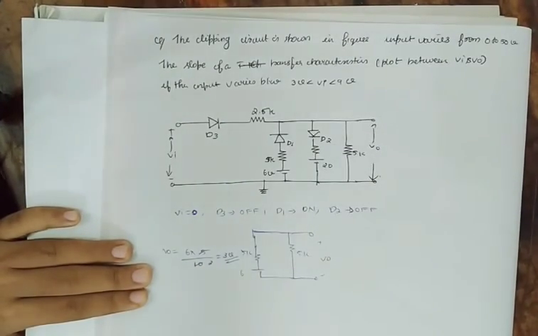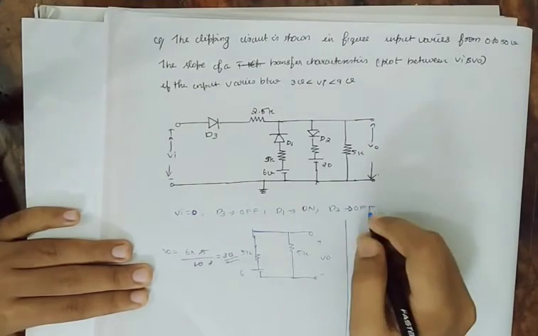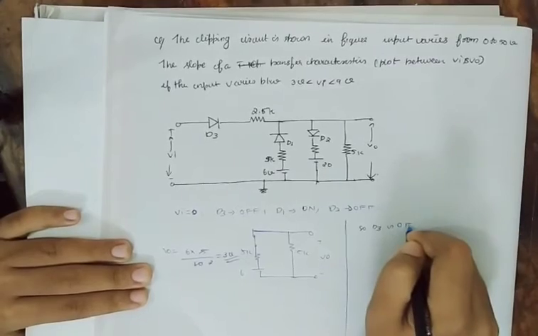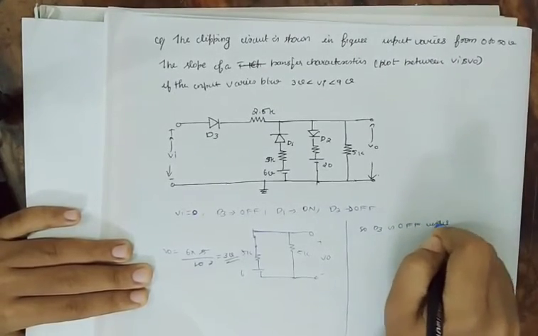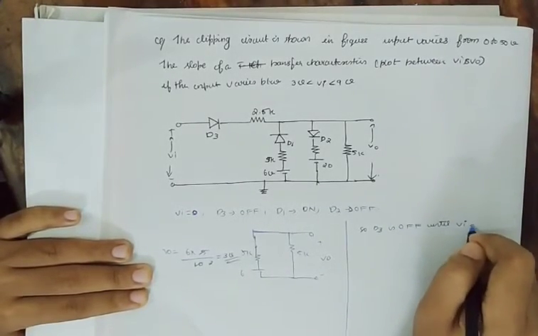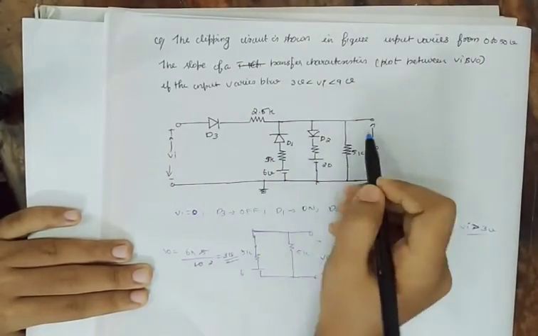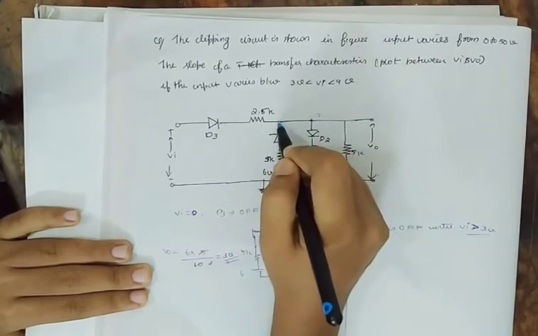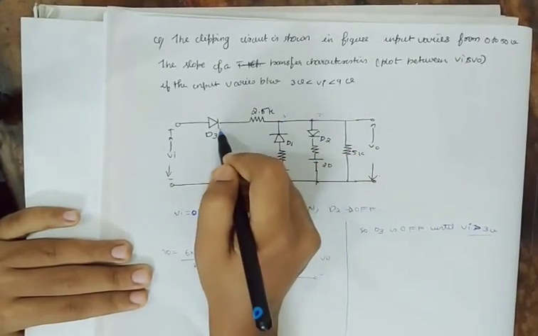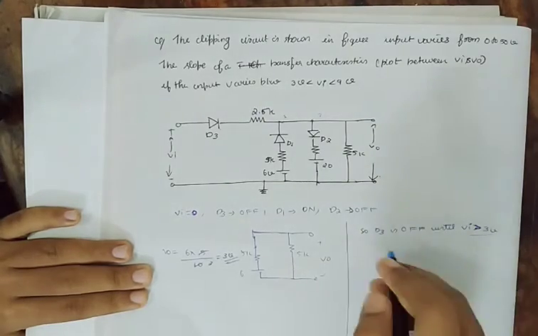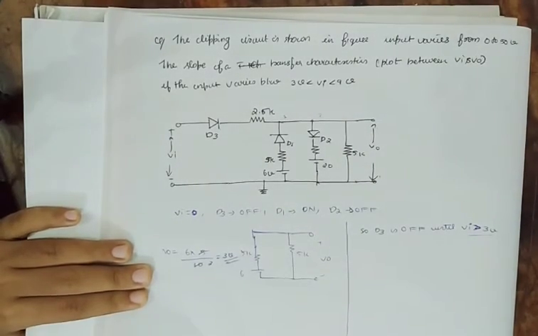Now D3 is off until VI is greater than 3 volt, because at this point V0 is 3 volt. This is reverse biasing our D3. So to make it forward biased, our VI should be greater than 3 volt. So D3 will remain off until 3 volt.